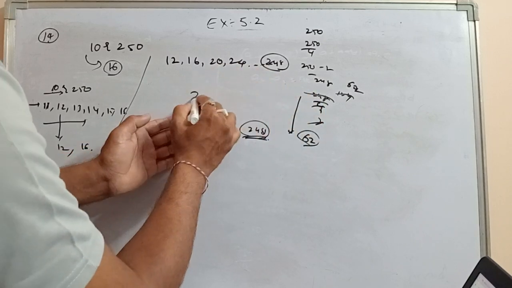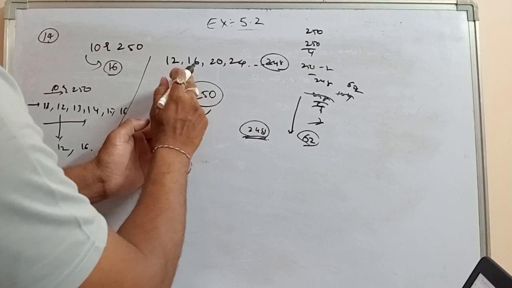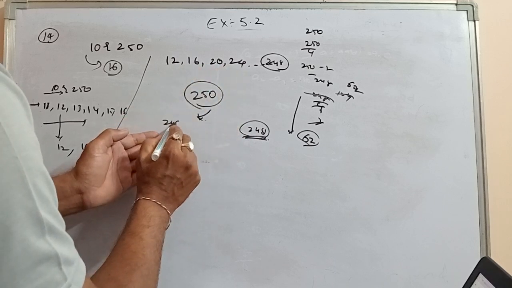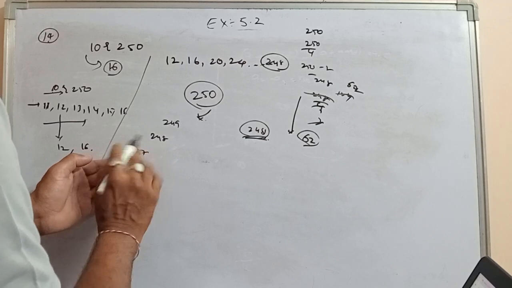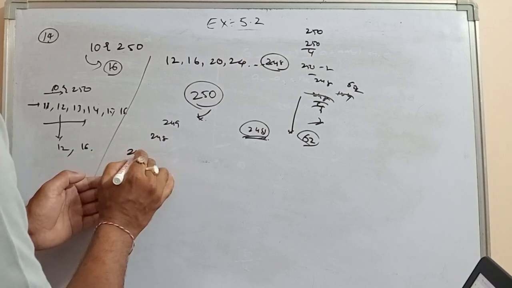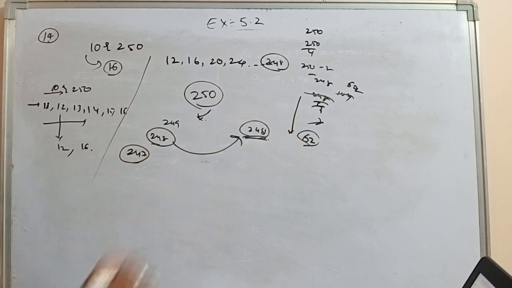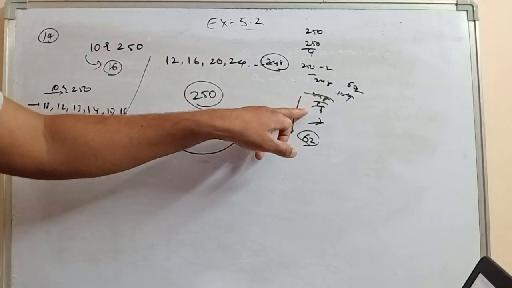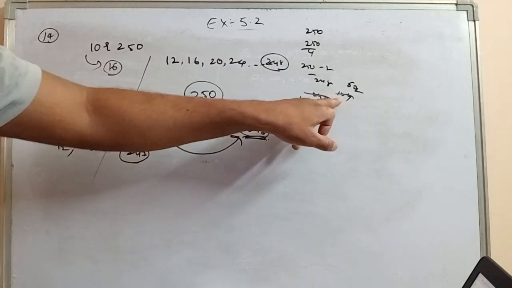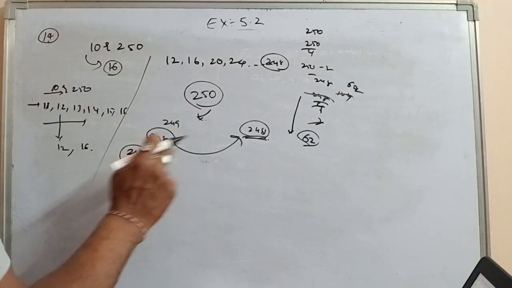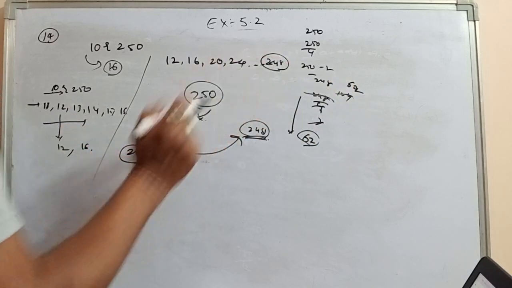Before 250, what is the value which is exactly divisible by 4? That will be 249, 248, 247. So 248 is exactly divisible by 4, and the quotient is 62. So therefore 248 is the last term.